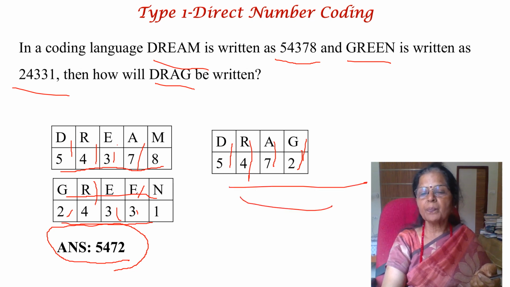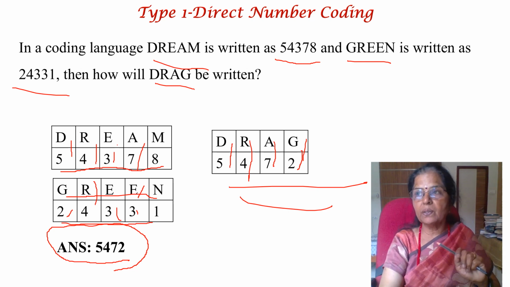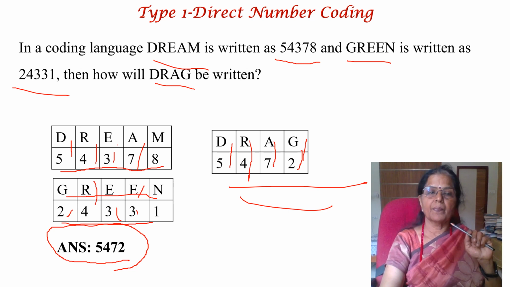You have to find the code numbers from the two examples given. You're not drawing the big box from A to Z or numbering it. This is why it is called direct coding, without using the table.